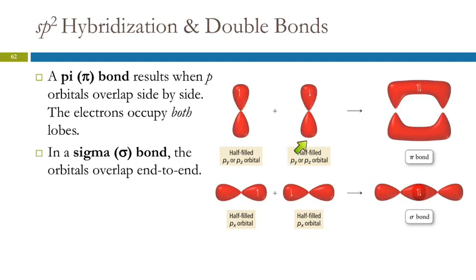You can kind of imagine it going like this, kind of mushing together. So you get this. The other p orbital is the px, and that is lined up along the axis between the two atoms, and so those would overlap end to end and form a sigma bond. So there's sigma bonds and pi bonds.